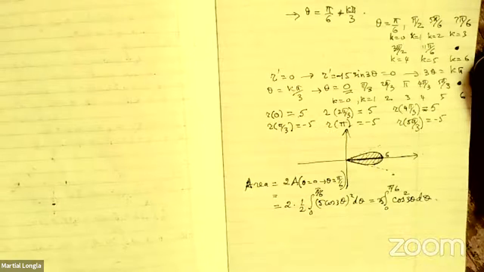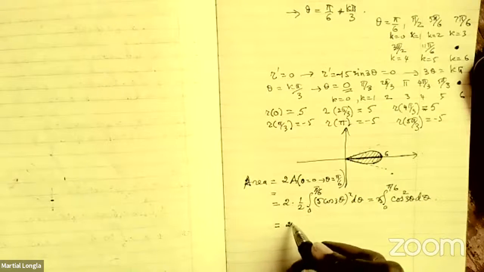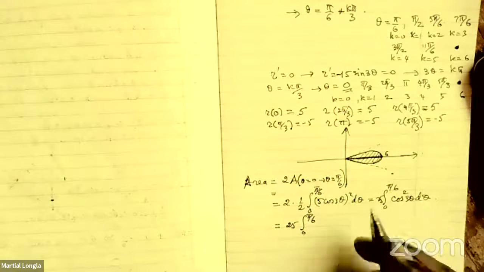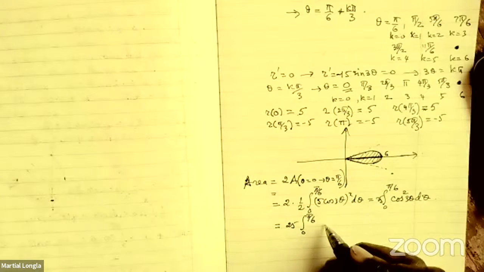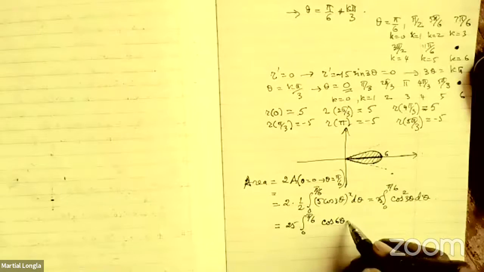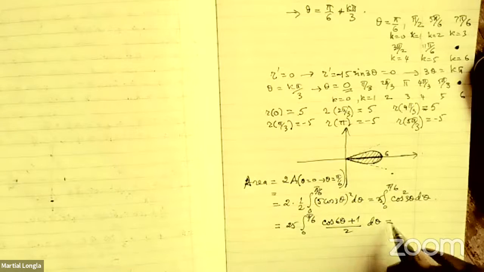So that's how we would find that. And now using the same trick that we had earlier, we can compute this integral. That's 25 integral 0 to pi over 6, and cosine squared is nothing but (cosine of 6 theta plus 1) over 2 d theta.